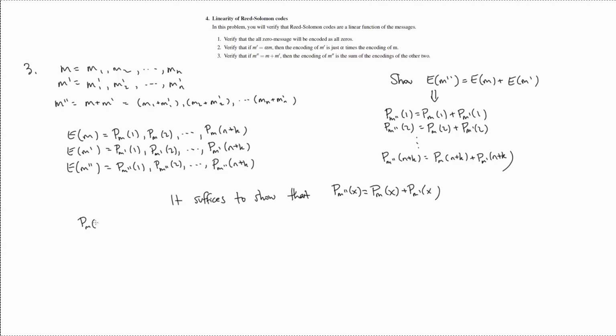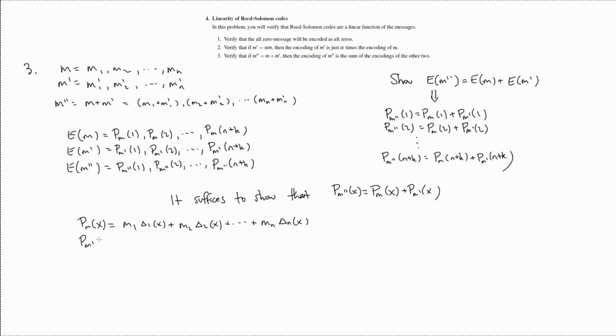P sub m of x is the interpolating polynomial of the message m. Applying the Lagrange interpolating formula, we get that p sub m of x is equal to m1 delta 1 of x plus m2 delta 2 of x, all the way up to mn times delta n of x.